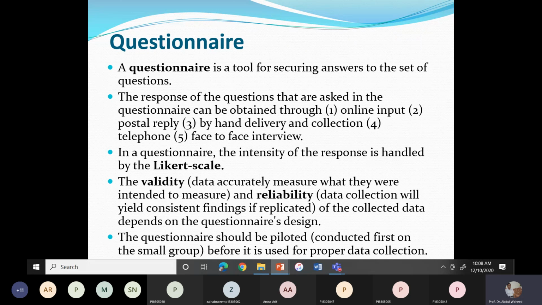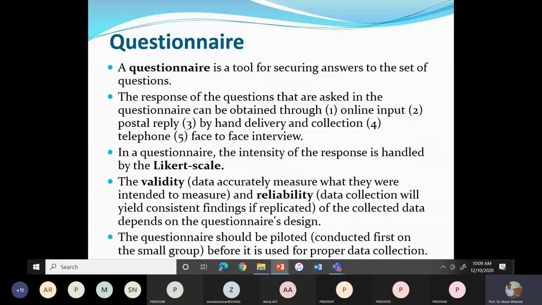You can deliver it to someone, and next day you may collect it, or through telephone or WhatsApp you can get the responses to your questions, and there could also be a face-to-face interview. So these are different methods to get the responses to the questions in your questionnaire.